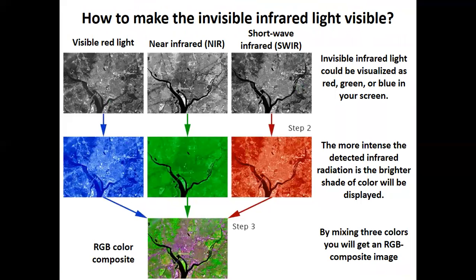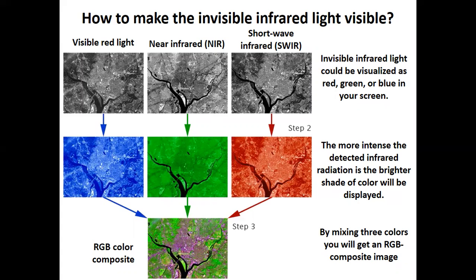So how actually could we make the invisible infrared light visible? The modern satellites could detect this invisible infrared light with their sensors and record separately, for example, visible red light, the so-called near-infrared light. It means the infrared light close to visible, and shortwave.